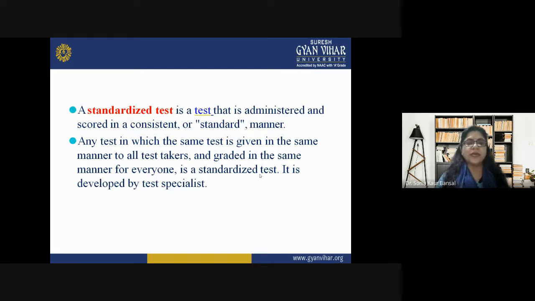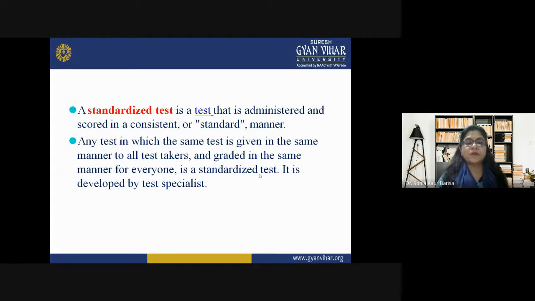It is not like that. It is administered in a procedure which is already predetermined, and it is scored in that predetermined manner. Any test in which the same test is given in the same manner to all test takers and graded in the same manner for everyone is a standardized test.